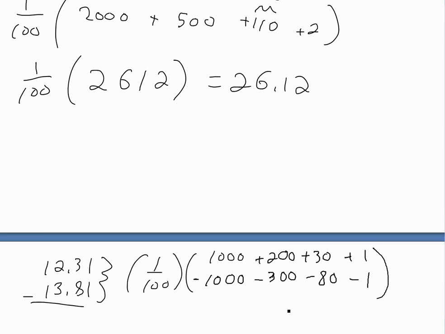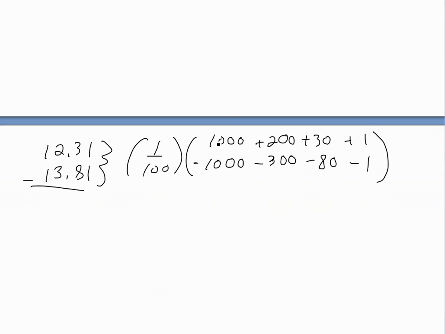Then the ones cancel, the 1000s cancel, so this is equal to 1 over 100 times 0, and this one is negative 100.